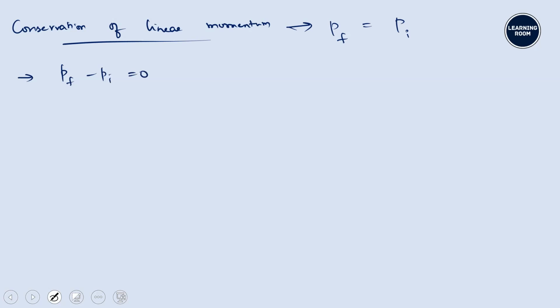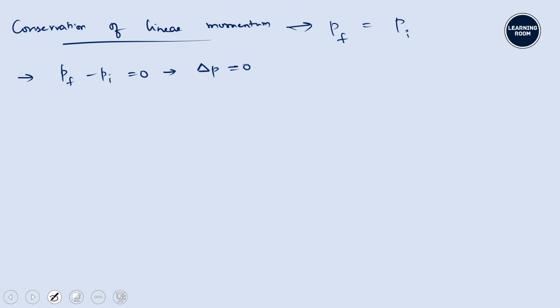This is another way of writing. But what is P final minus P initial called? Can I call it delta P? So delta P is 0, right? So if delta P is 0, or P final minus P initial is 0, or if P final is equal to P initial, everything represents the fact that the linear momentum is conserved, right?